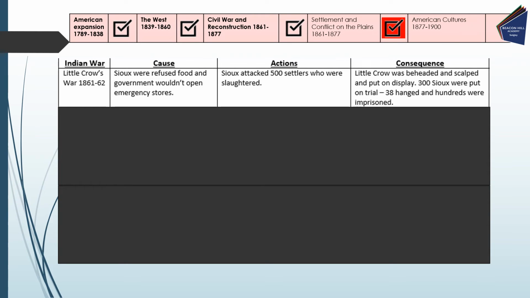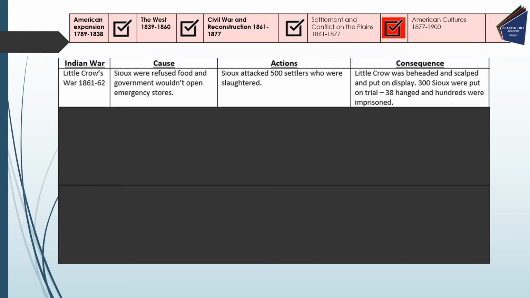The consequence of this is that Little Crow was beheaded and scalped and put on display. 300 Sioux were put on trial, 38 were hanged, and hundreds were imprisoned. We can clearly see here that the American government did not tolerate the violence that was shown by groups such as the Sioux. So it would be good for you to reference the extreme consequences that were given to the tribe.